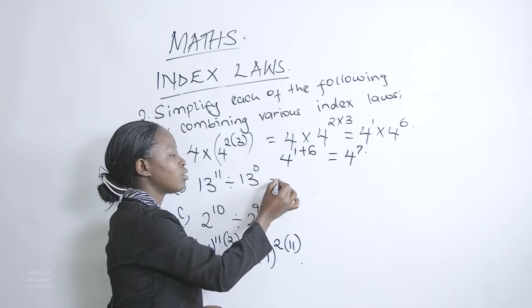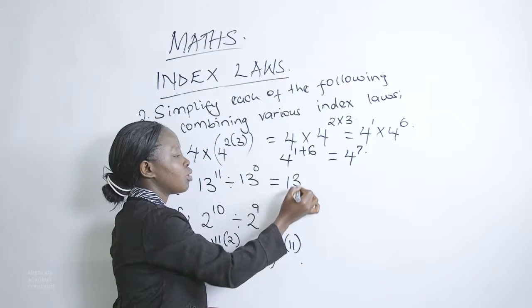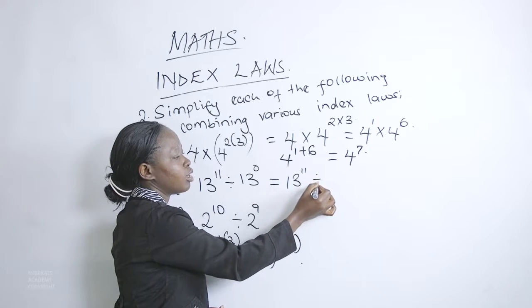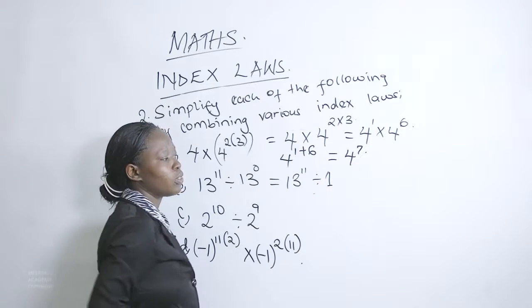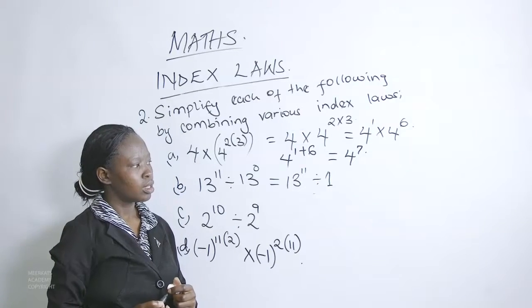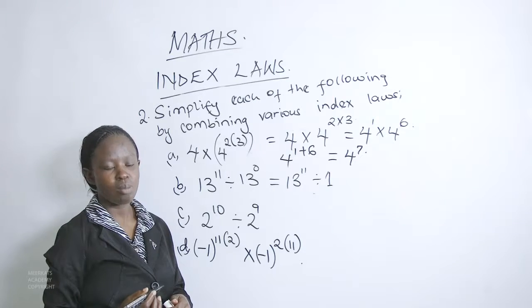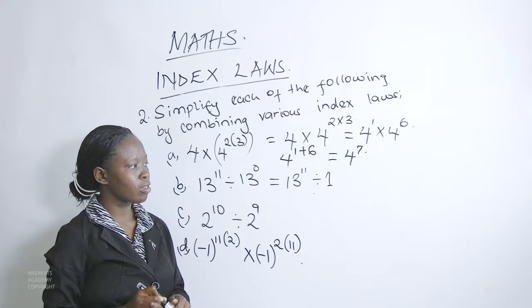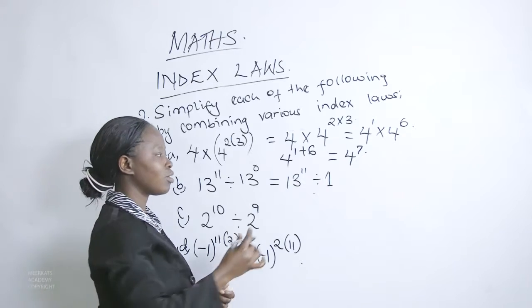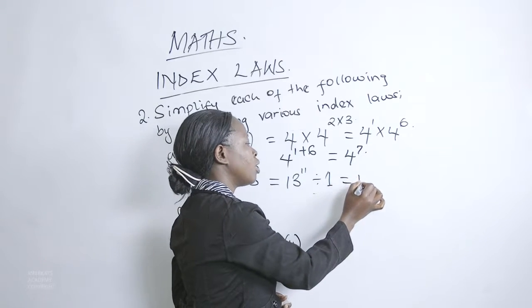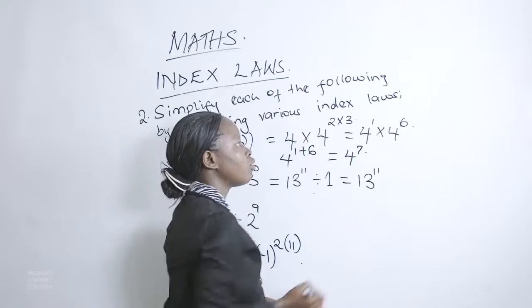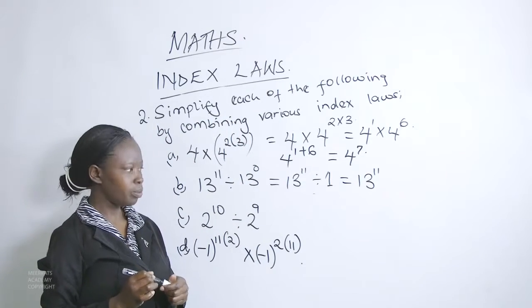So this means that I have 13 to the power of 11 divided by 1. And any number divided by 1 will give us that value. So this means that I'll simply remain with 13 to the power of 11.